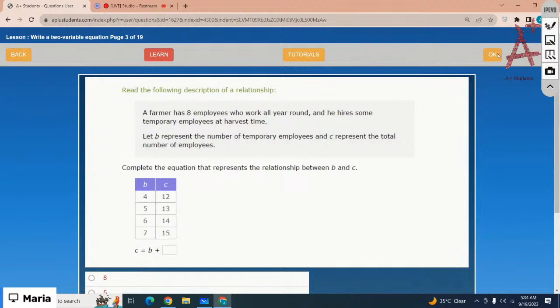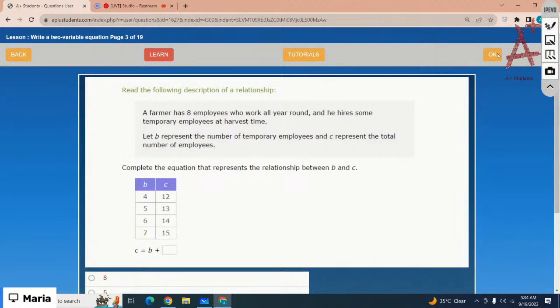A farmer has 8 employees who work all year round, and he hires some temporary employees at harvest times. Let B represent the number of temporary employees and C represent the number of total employees.